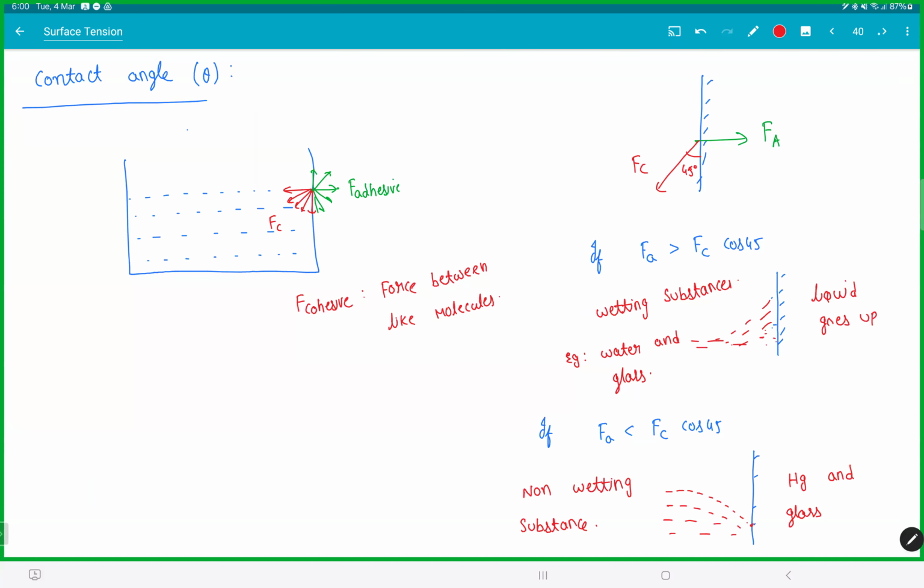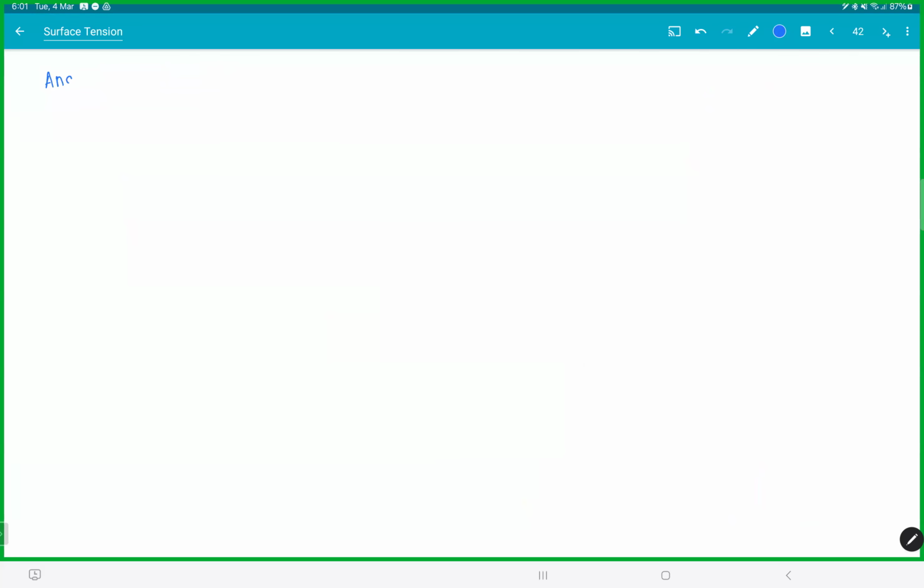All clear with this? So coming from here, we get something called a contact angle. That is a more simplified version of saying the fight between adhesive and cohesive. So this angle, this is how we define it. I'll give you some examples also.